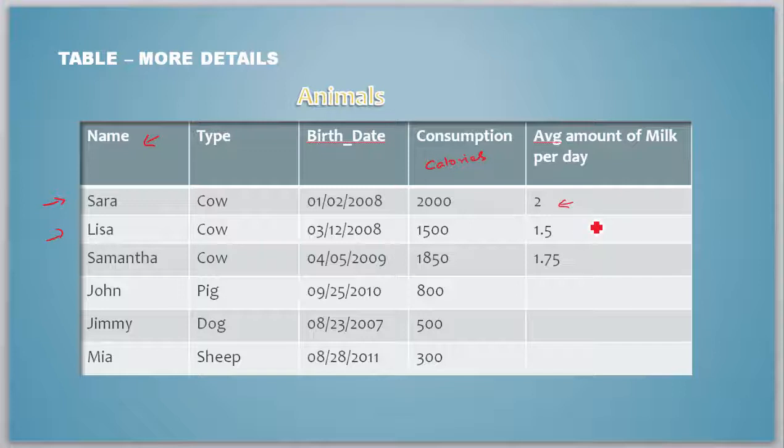Honestly, I've never run a farm, so I don't know what the average amount of milk a cow produces in a day is. We are going to talk about the various aspects of the table.